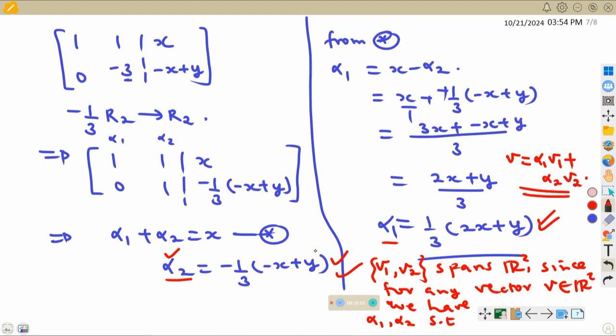So having shown that alpha 2 can be easily obtained as this, we can give this conclusion.